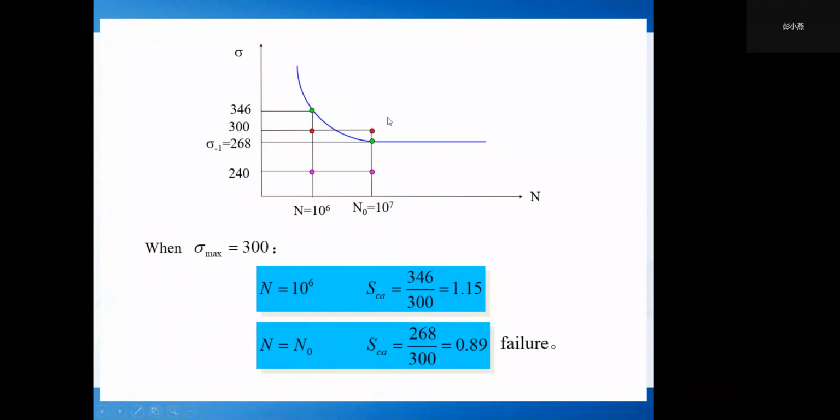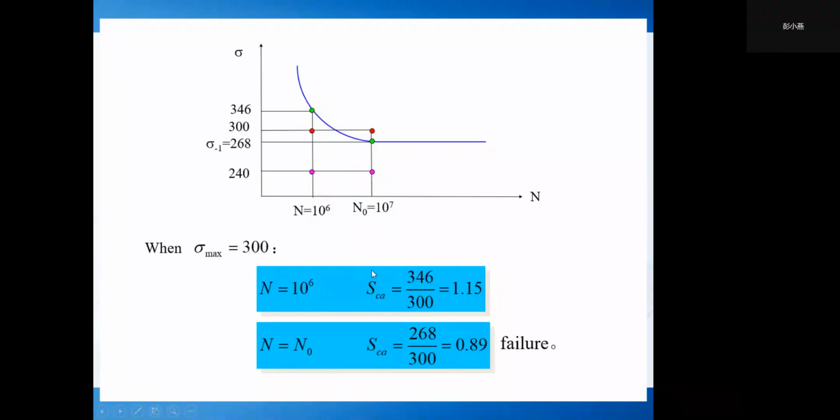So this is unsafe, it's not safe under this stress of 300. But if we use this cyclic number, it's safe for the maximum stress of 300.